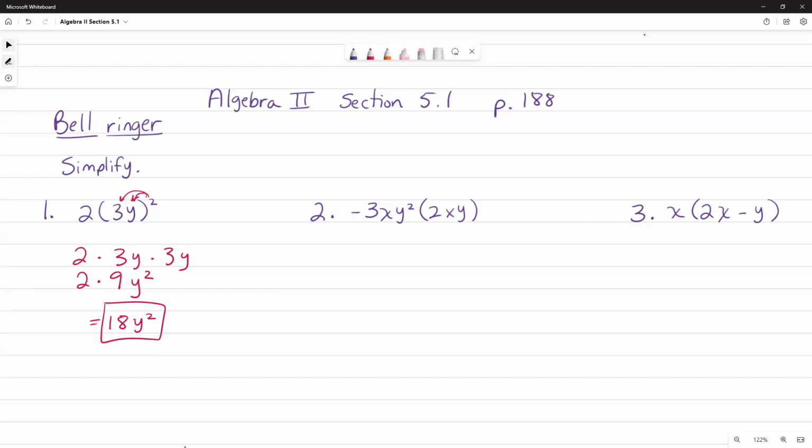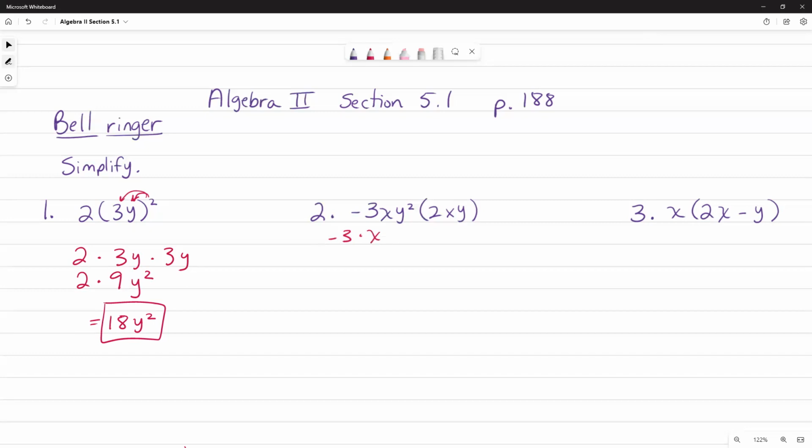Don't write this down. I'm just going to show it to you. This breaks down. You can just pull everything apart because all of this is multiplication, right? We know that -3y x squared is multiplication. That's -3 times y times x times x.